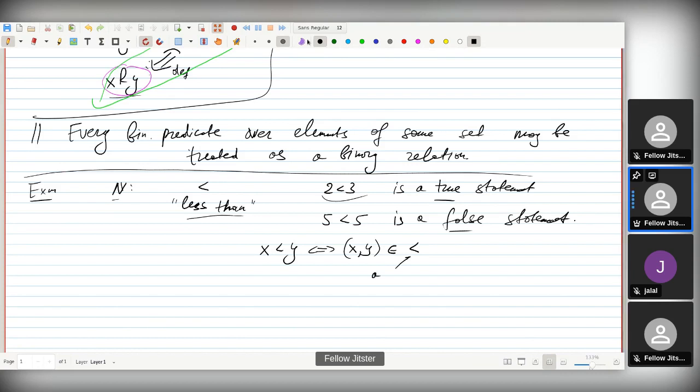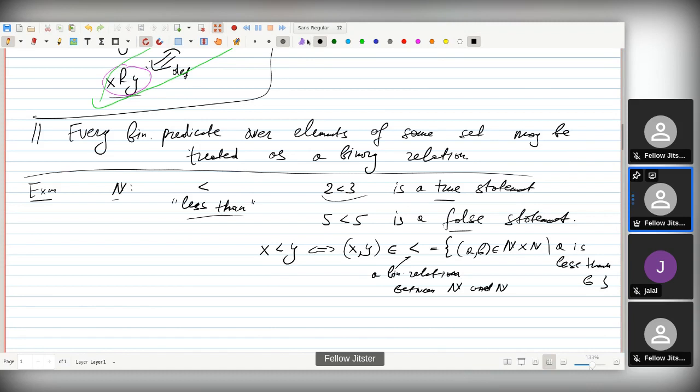It is a binary relation between N and N, over the set of natural numbers. So this is the set of all such pairs. Let us rename the variables a, b from N times N, where a is less than b. Is this idea clear?